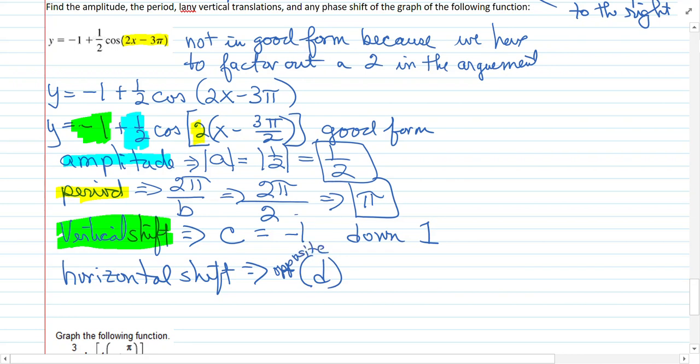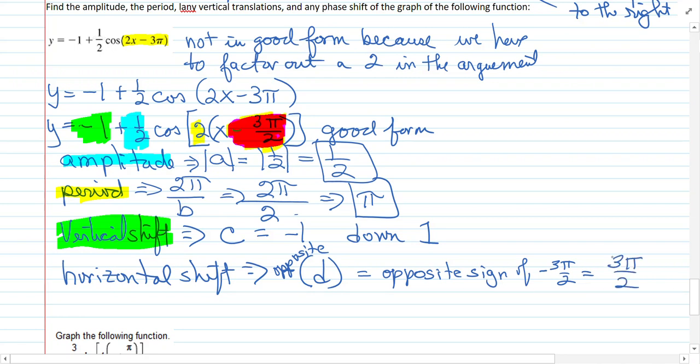All right, so in this case, we have negative, let me see if I can lighten that up. No, not really. Okay, that's all right. So we're going to have the opposite of negative 3 pi halves. So we have 3 pi halves.